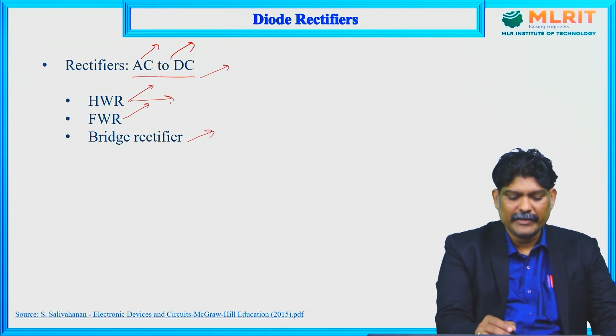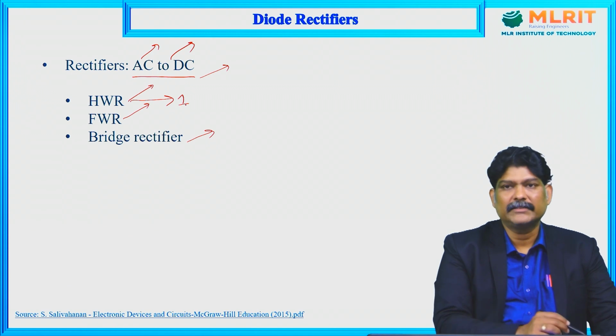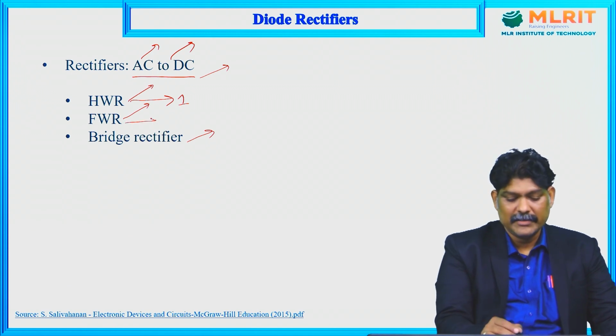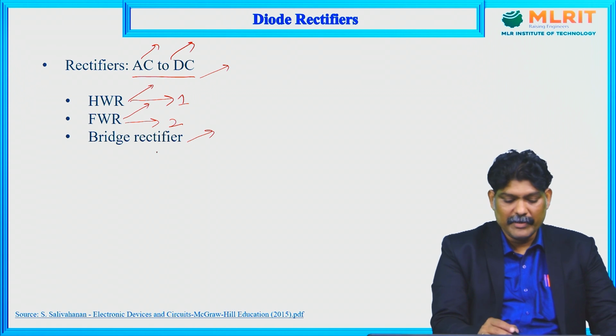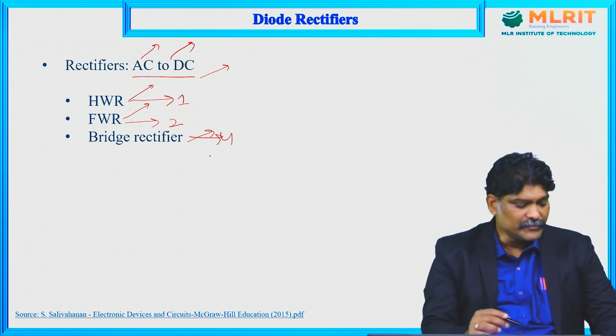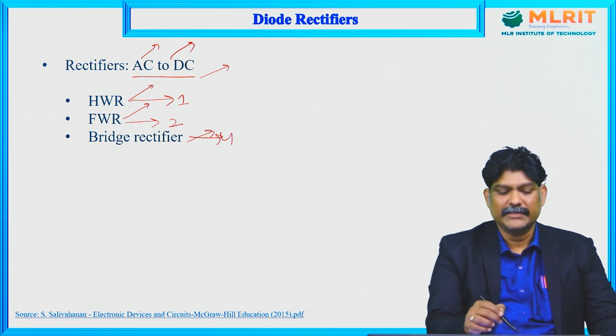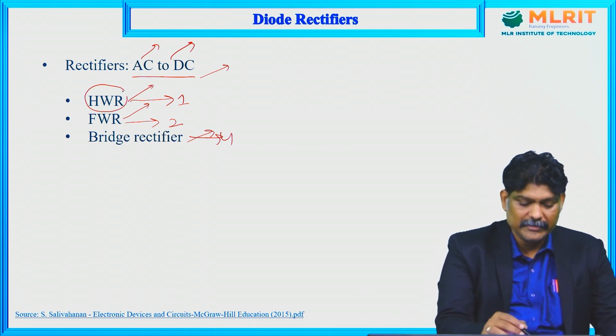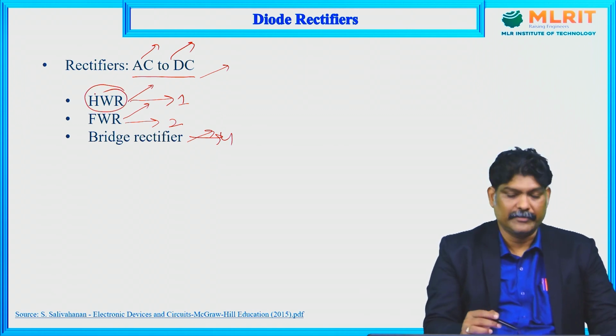In the half wave rectifier only one diode is used. In the full wave rectifier, two diodes are used. In the bridge rectifier, four diodes are used. In today's session we will cover the half wave rectifier circuit.